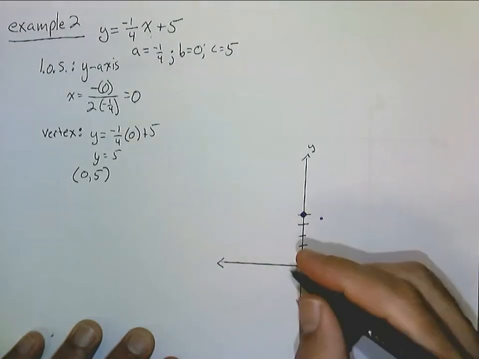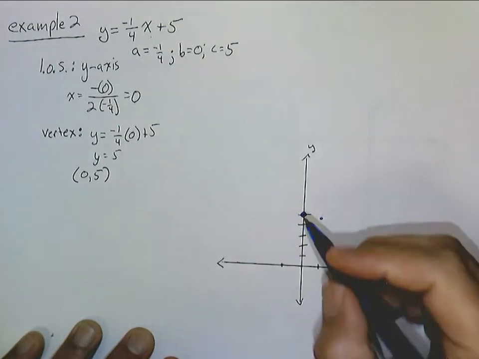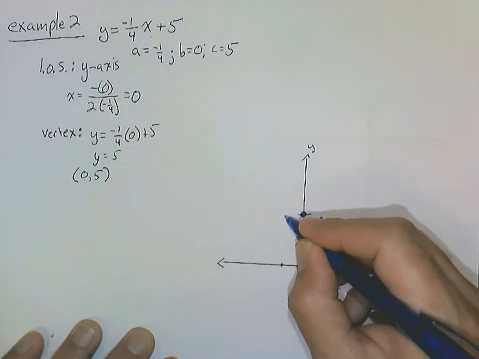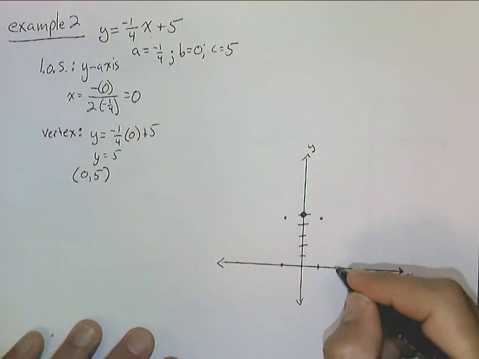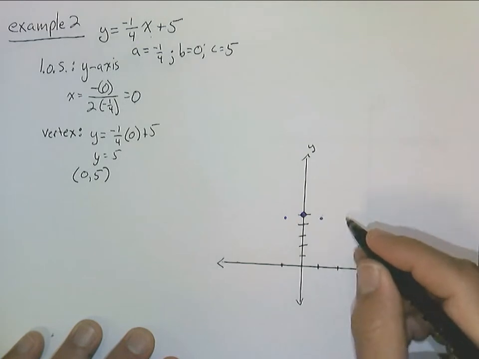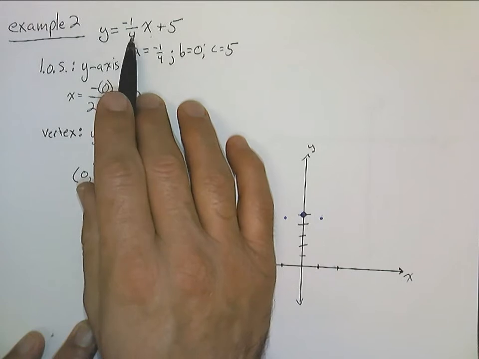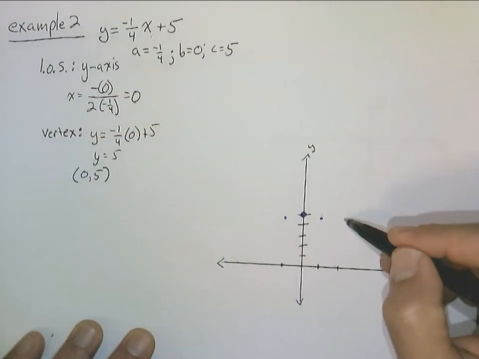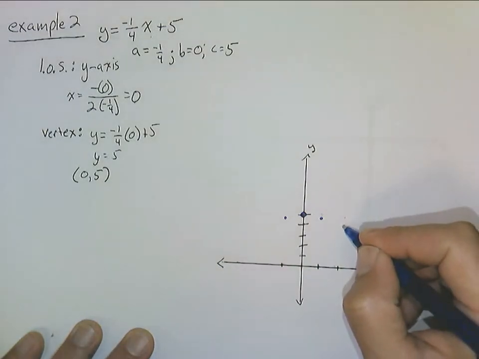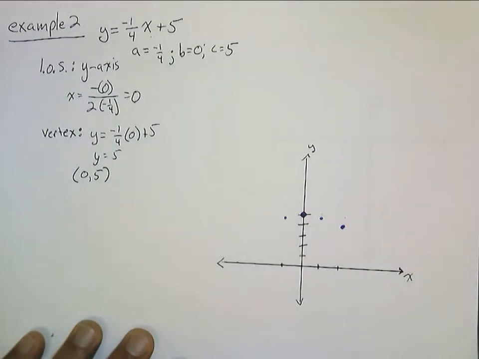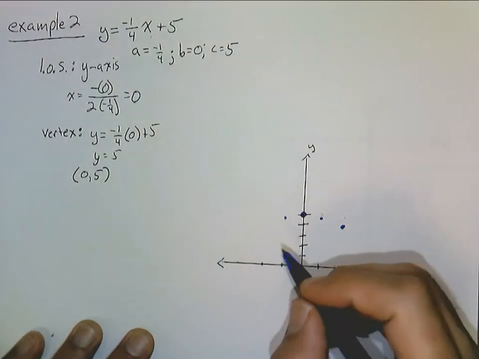And the same thing would happen on the other side. Over 1, down 1/4. Normal parabola, you go over 2, you would go down 4, because 2 squared is 4. Now we're going to multiply that by 1/4, so we would go over 2, down 1. Nice point right there. Same thing's going to happen on the left. Over 2, down 1.